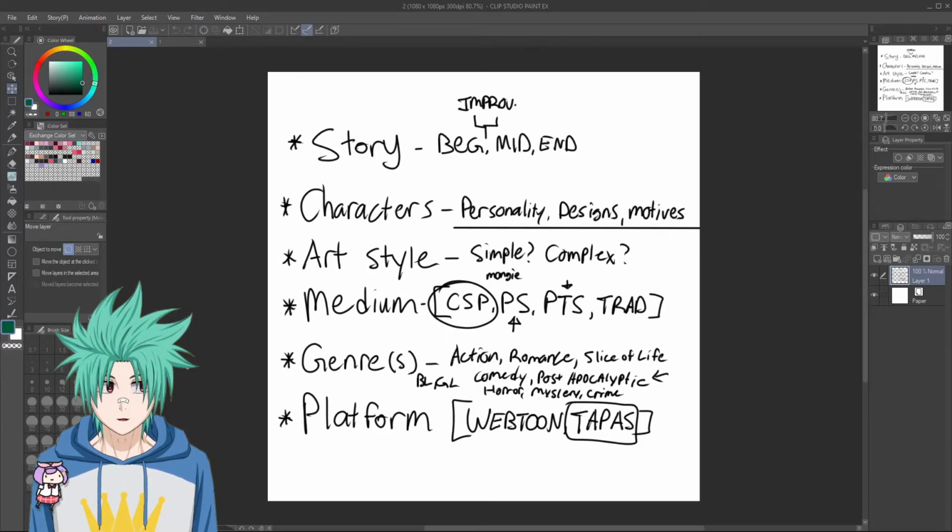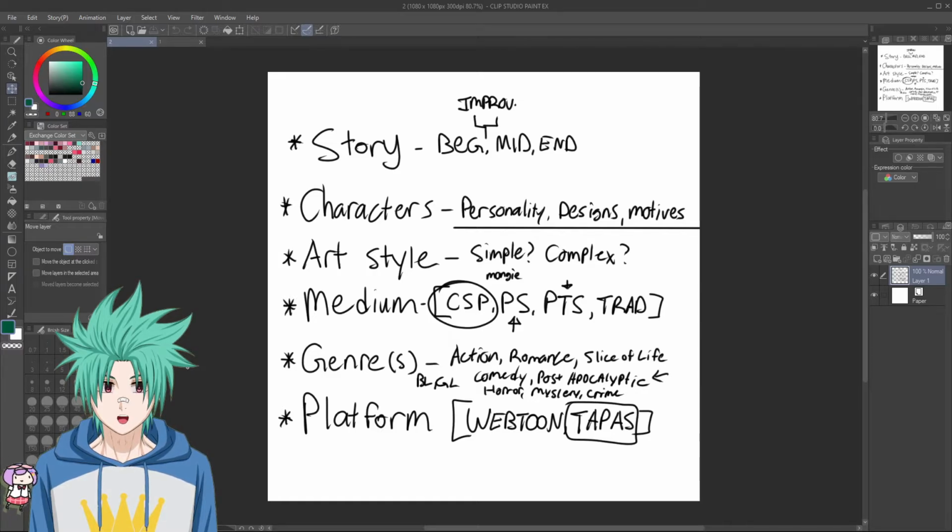But it's still good. It's good for just basic illustration as well. So if you're considering doing that, go ahead. It's pretty cheap. And then you have traditional, where you take a paper, you draw your webtoon on there, you scan it, and then you put it onto a program to fix it. Well, I've done that before. I think it's completely fine as long as you know what you're doing.